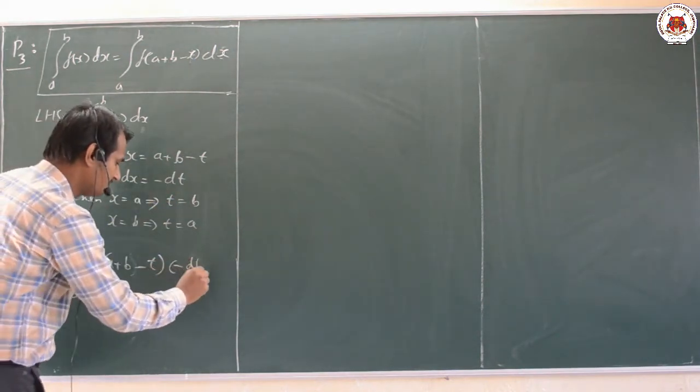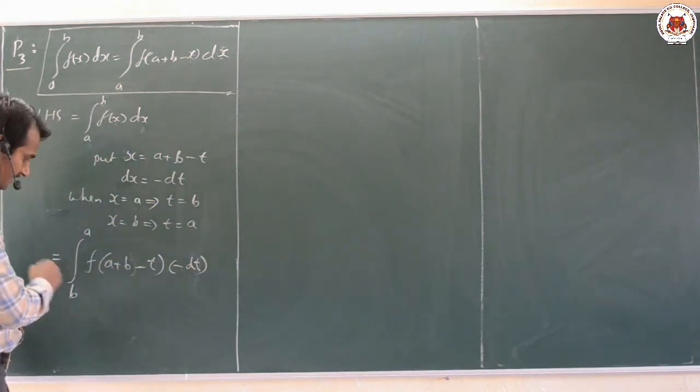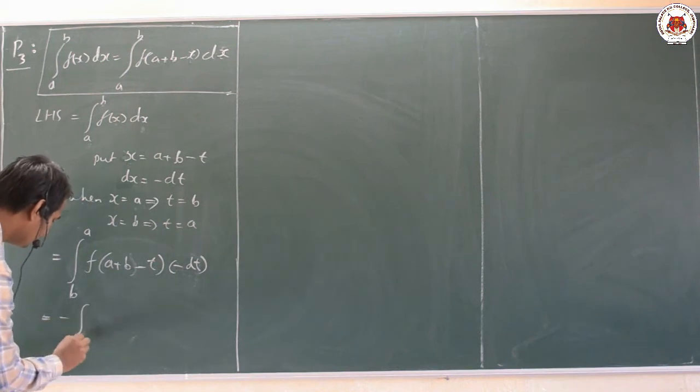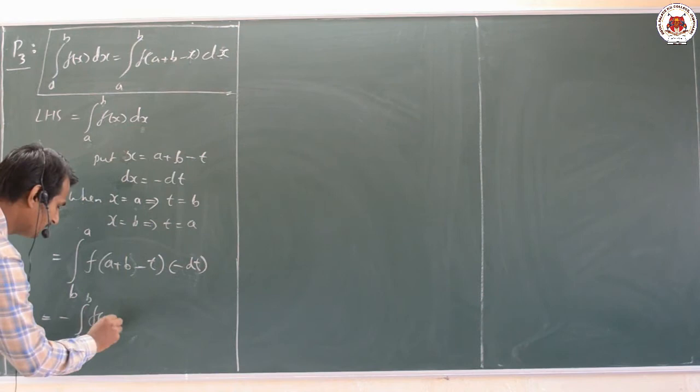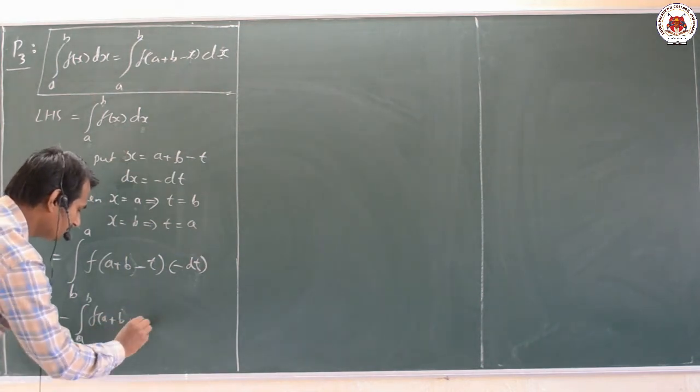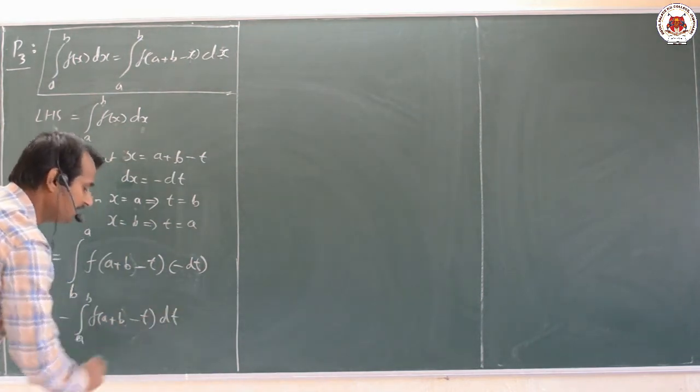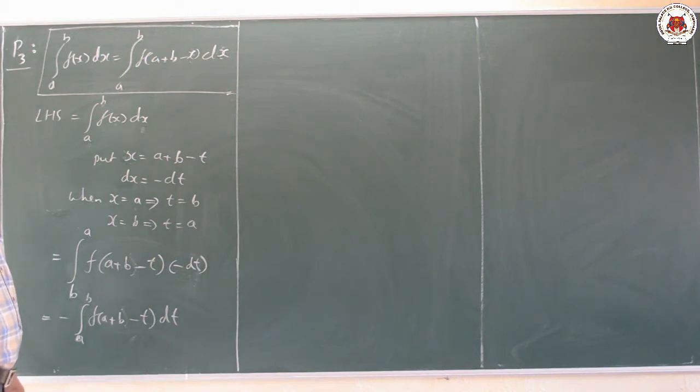Taking the minus sign outside, it equals minus the integral from b to a of f(a plus b minus t) dt. Now by making use of P1, I will change the limits here.